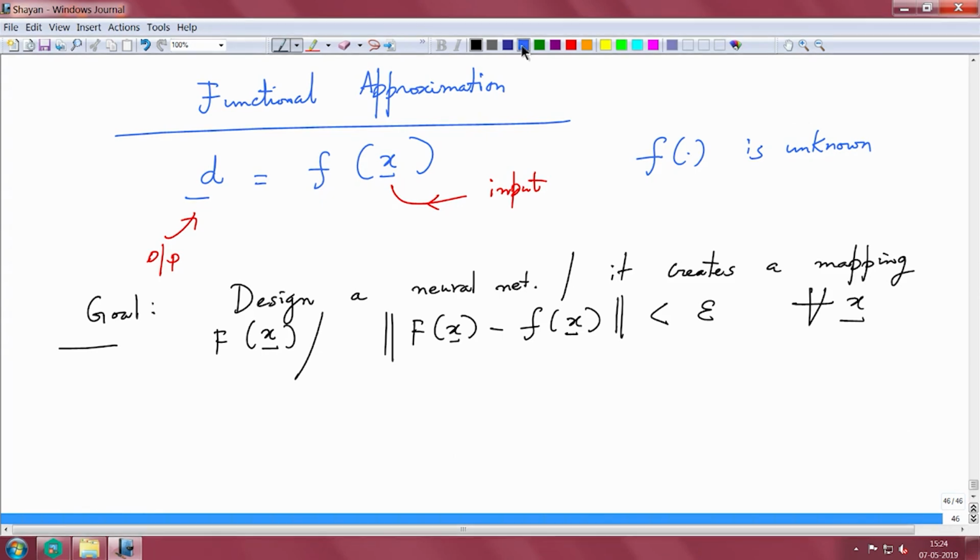And examples for this functional approximation problem include system identification and inverse modeling.